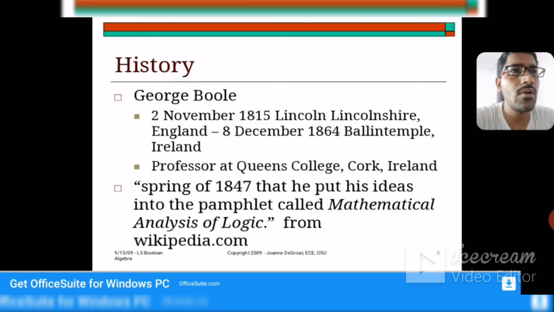First of all, I will discuss a little bit of the history of Boolean algebra. George Boole, who is the father of Boolean algebra, was born on 2nd November 1815.